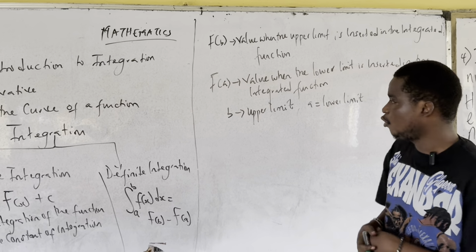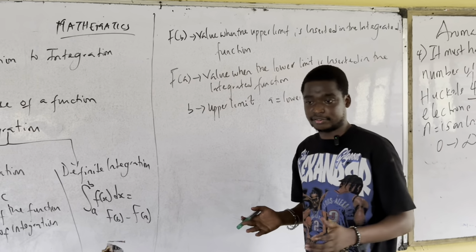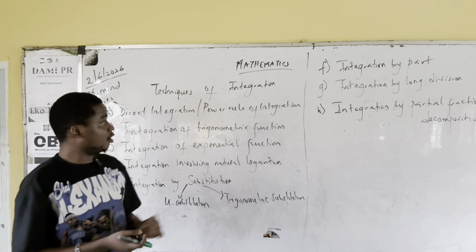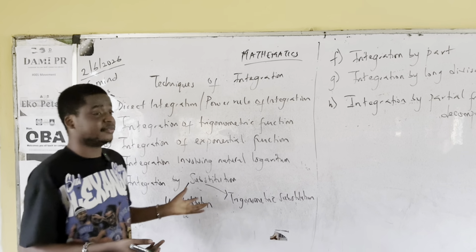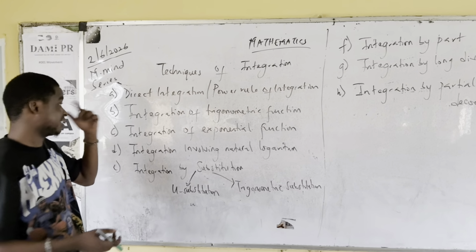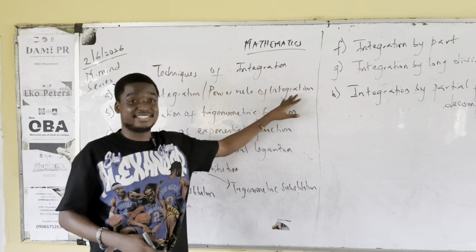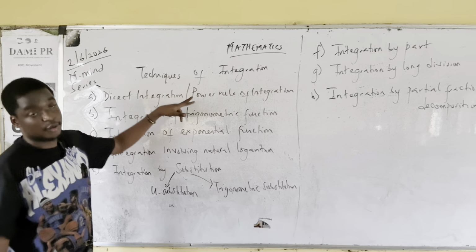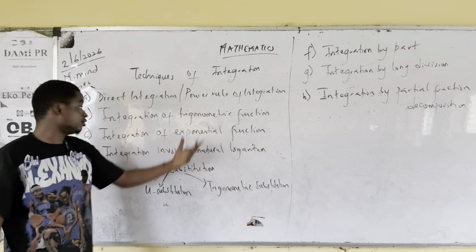So now the next thing to go on to is the various techniques that we use in integration. These are the common techniques used in integration. Starting from the basics, most people call it direct integration, but I like calling it the power rule of integration because it looks like the power rule of differentiation. We have integration of trigonometric functions.